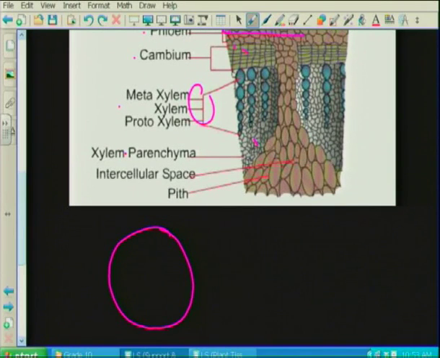Now this part is basically, if we took these vascular bundles, so that is basically that part that we have a diagram of.